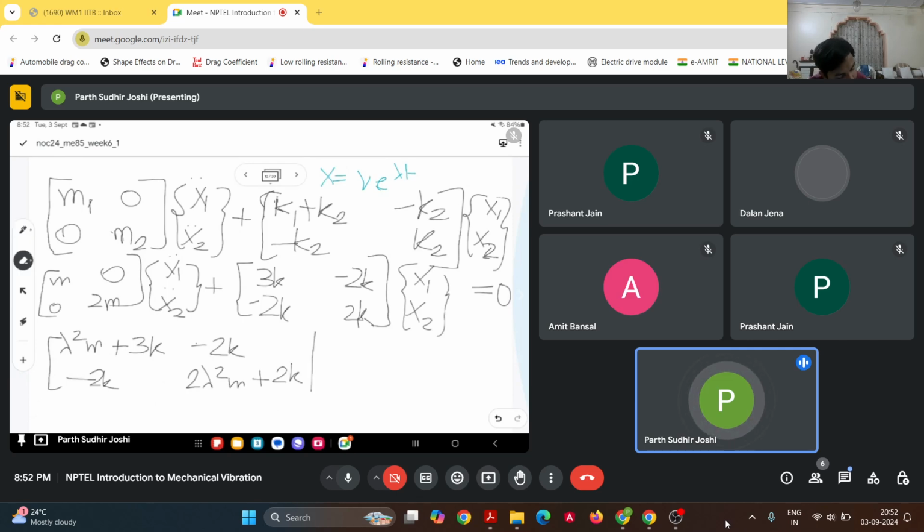So we basically get this equation, and we have to find the determinant of this and equate it to 0. So we will get the fourth order equation in terms of lambda square, which is lambda square m plus 3k into 2 lambda square m plus 2k, minus 2k whole square, which is 4k square, is equal to 0.